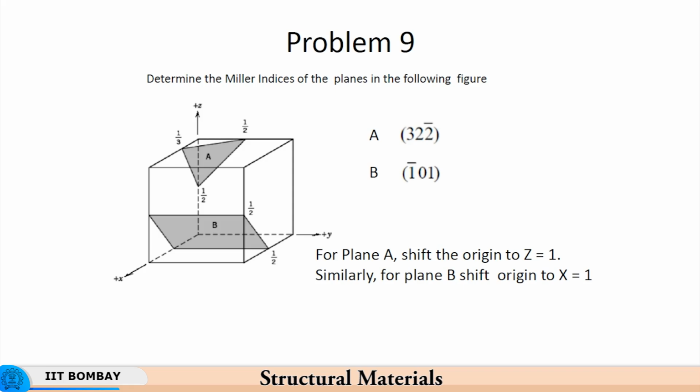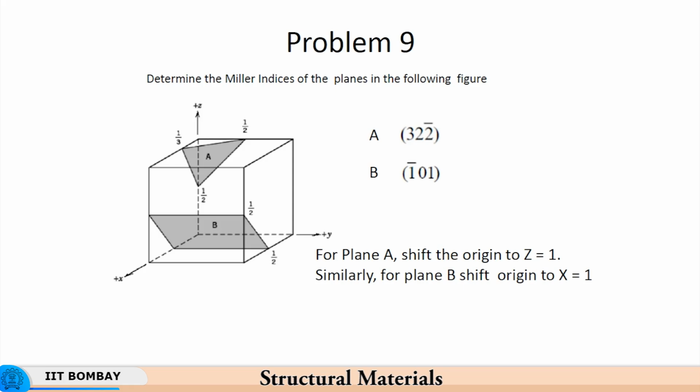So you have it as bar 1 0 1, right, if you multiply everything by 2. So essentially this plane is not bar 1 0 1, it is actually a plane which is parallel to bar 1 0 1, but it has the same kind of indices. So what this means is that, as we saw in the previous example, if you multiply by a constant, then it forms a parallel plane.